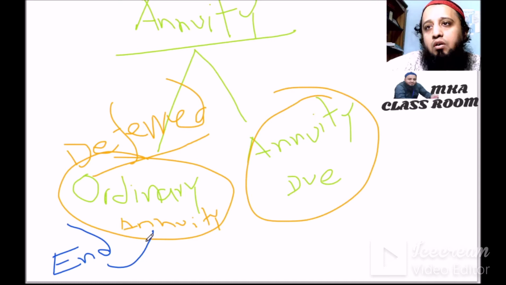Obviously, equal series, remember that. And annuity due is whenever payment starts at the beginning of the time period, then we can call it annuity due.